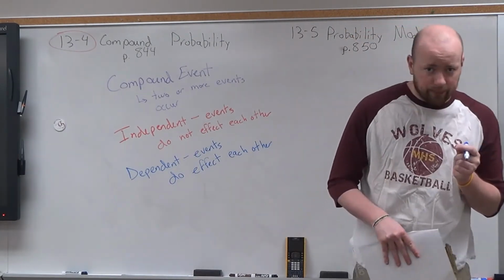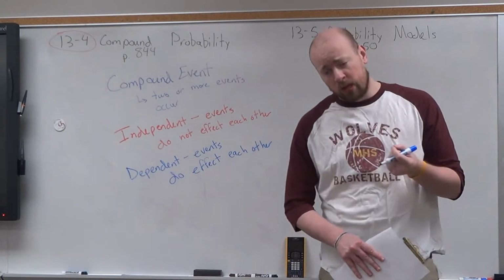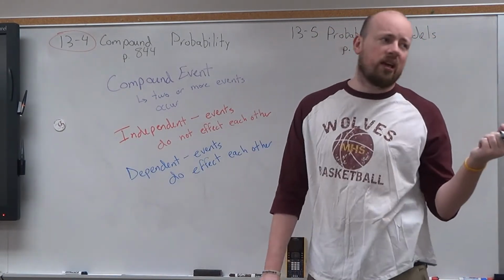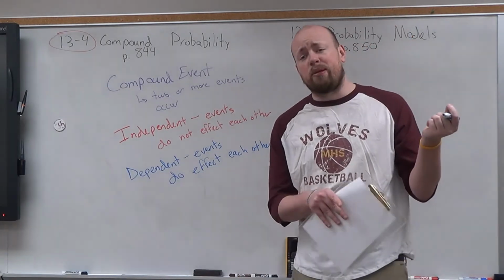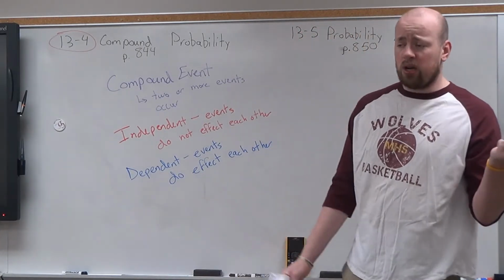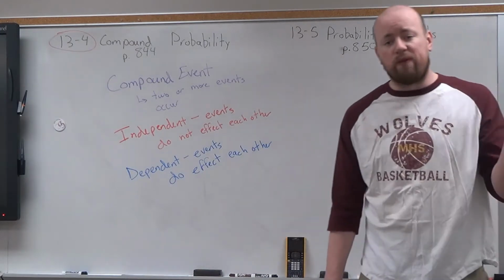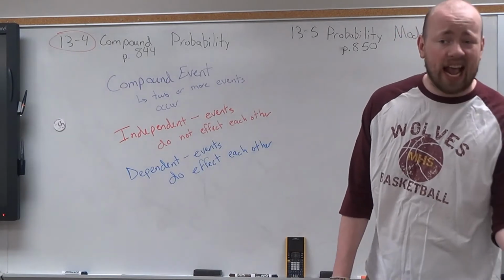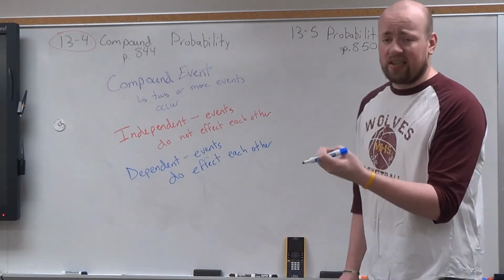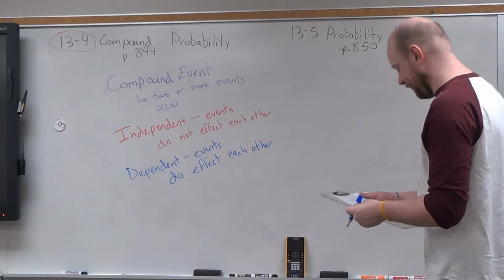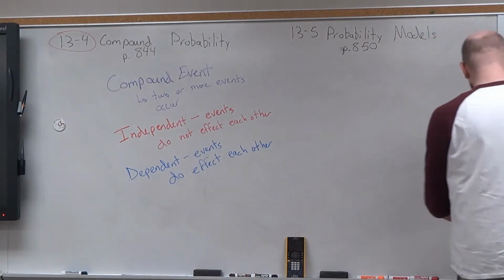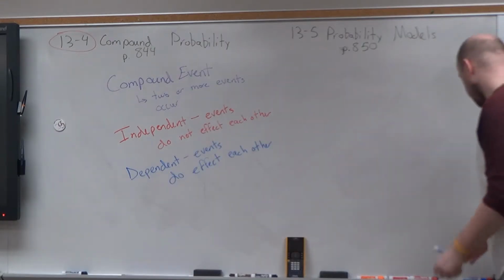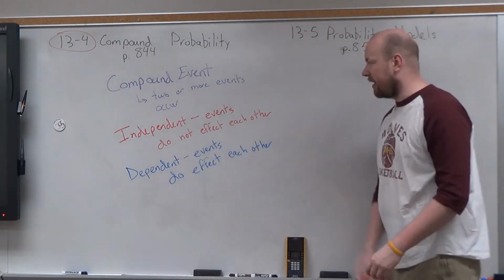You pick one out, and then he says, pick another one. Now, it doesn't seem like they influence each other, but they do a lot. Because if you've already picked out, let's say, the ace of spades, can you possibly pick out the ace of spades again? No. So your odds of picking a card go from 1 out of 52 to 1 in 51. The odds were changed. They were influenced by the first pick. Okay. So those are what independent and dependent events are.